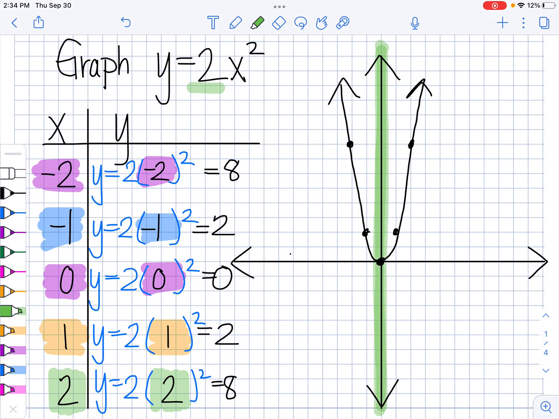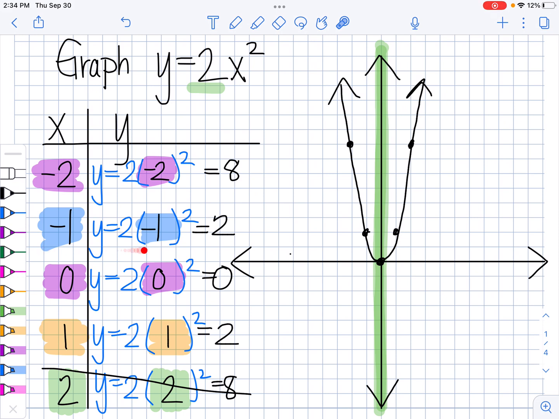You can see that when I graphed the point -2, 8, the distance between -2, 8 and my axis of symmetry is 2, and then I can reflect it over and I automatically get a bonus point over here. So technically, I didn't have to figure out this last one. I could have just reflected. I know this is my axis of symmetry, so I get a bonus point over here.